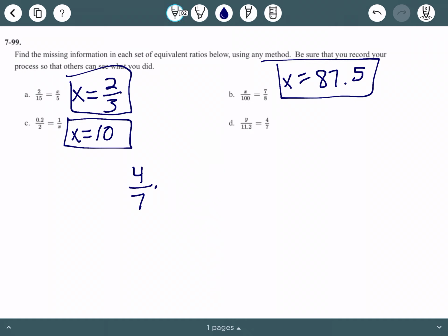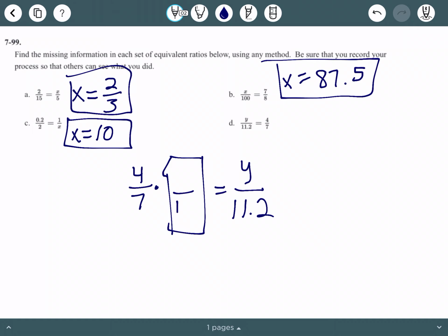I'm still going to use a giant 1 here though. And then I would have y over 11.2. So I need to figure out, what can I multiply 7 by to get to 11.2? Well, those aren't really nice numbers to work with off the top of my head. So what I'm going to do is the inverse, which is 11.2 divided by 7.